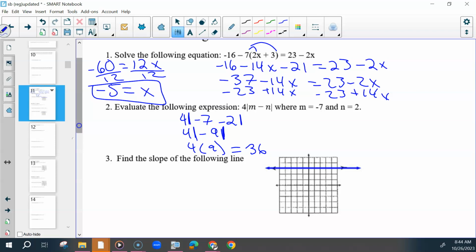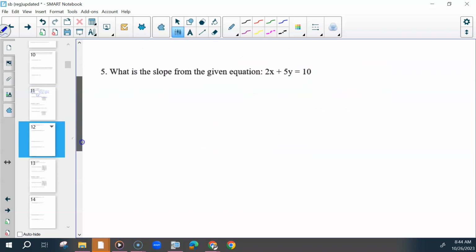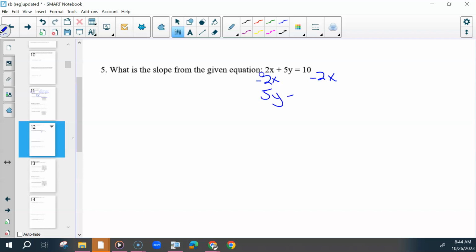And then number 5. The slope from this, we need to solve this, convert this back to slope-intercept form by subtracting 2x on both sides. And dividing everything by 5.